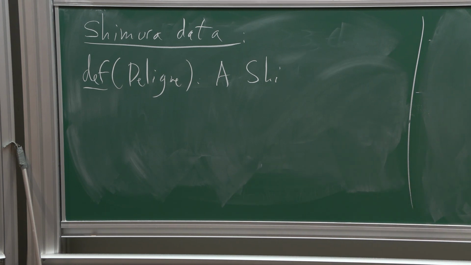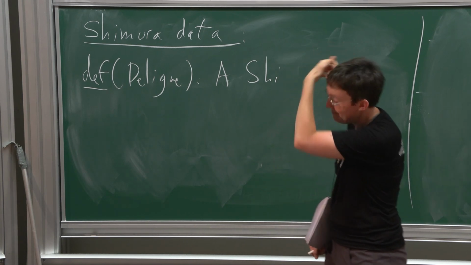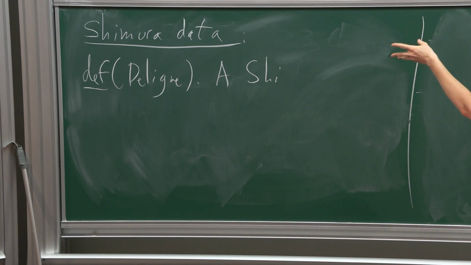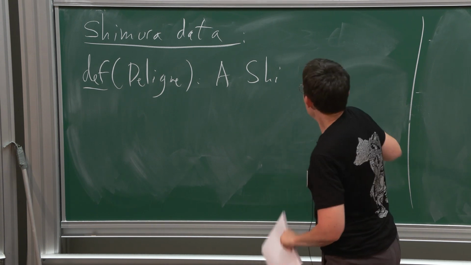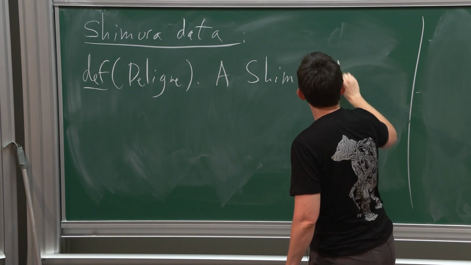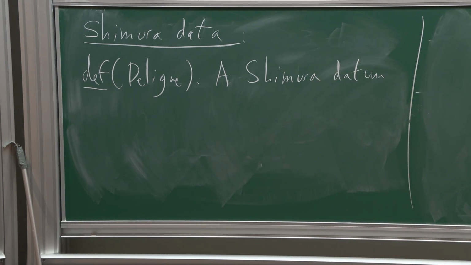Shimura was working with this X over gamma, disconnected locally symmetric varieties, and what Deligne did is explain how you group them together to get something that has a chance to be defined over a number field independent of the level. One of the things he did in that paper was give a point of view that will produce varieties defined over one number field.